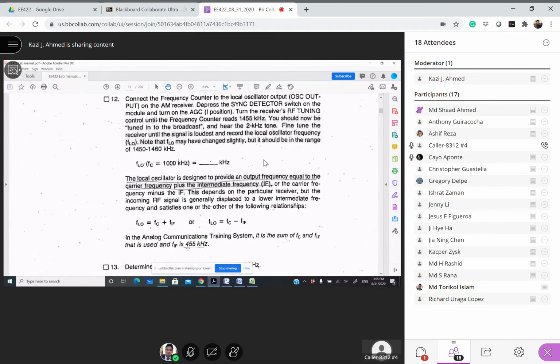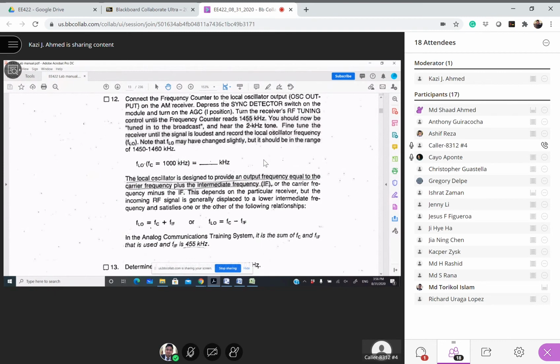It's always 455, and in the AM generation, the carrier frequency that we put was 1000 kilohertz. So these two are already fixed. We can't do anything because we already sent the AM with this carrier frequency, and our IF is always fixed at 455. Now to hold the equation, the local oscillator has to be 1455.